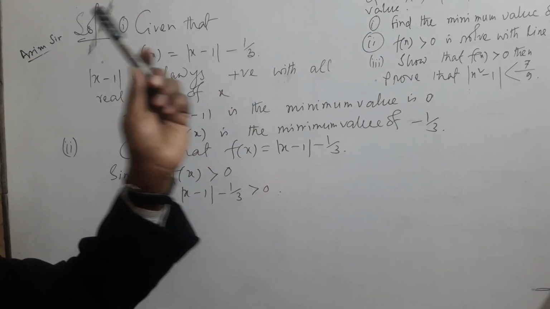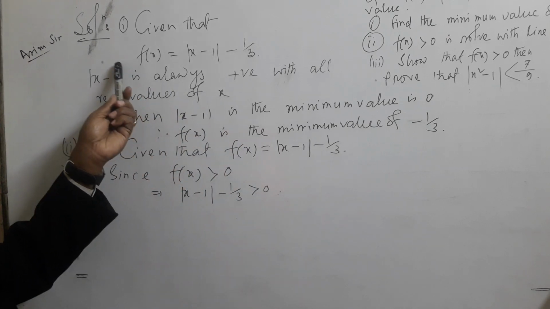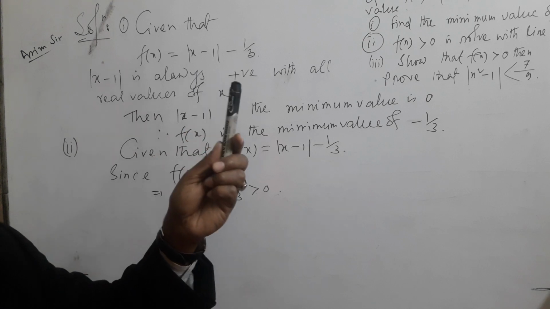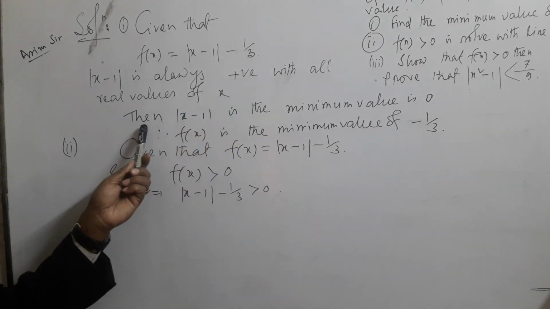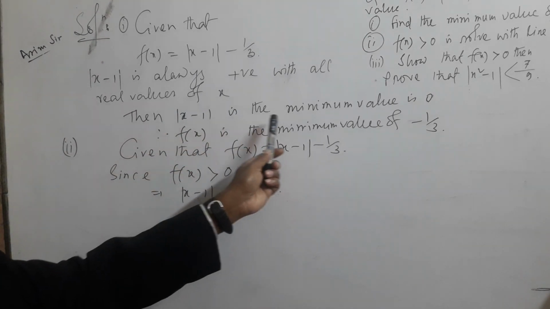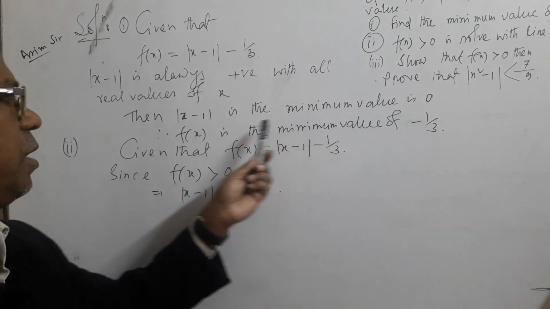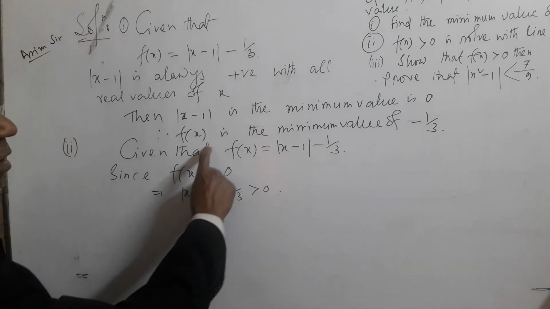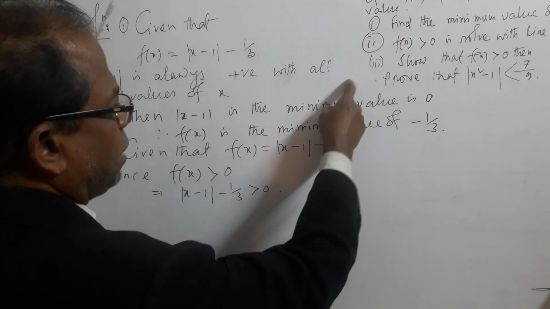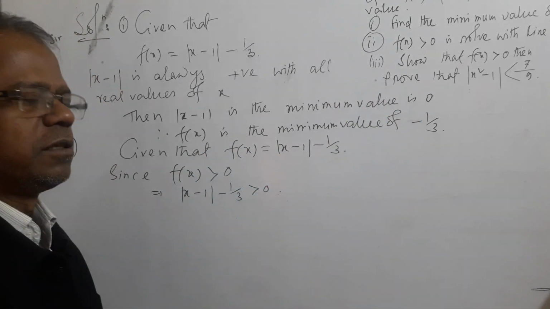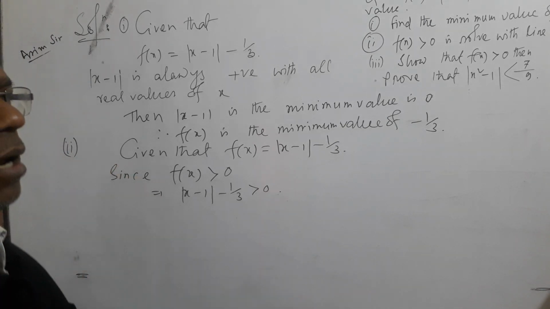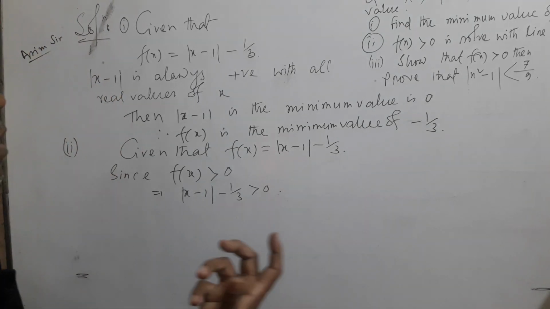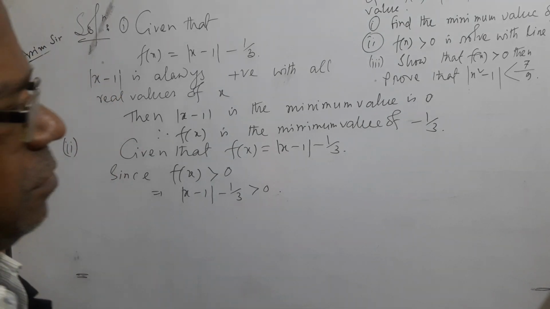X is all real values, then obviously these values are real numbers, and then modulus x minus 1 has the minimum value of 0, then f has the minimum value of minus 1 by 3. That's our number 1 complete, and you have to collect 2 marks.